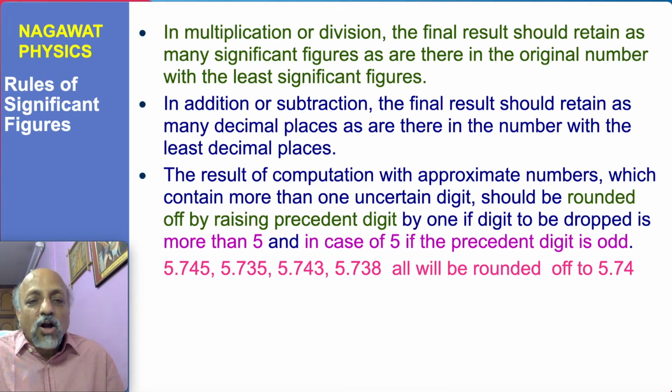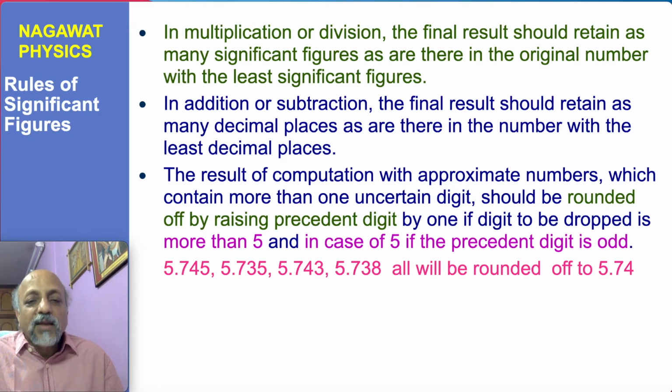So if I am adding 1.2 to 1.35, then 1.2 plus 1.35 gives 2.55, and in fact I have to round it to 2.6, because writing 2.55 would be giving extra information. So 1.2 plus 1.35 will be 2.6. How to carry out rounding off?